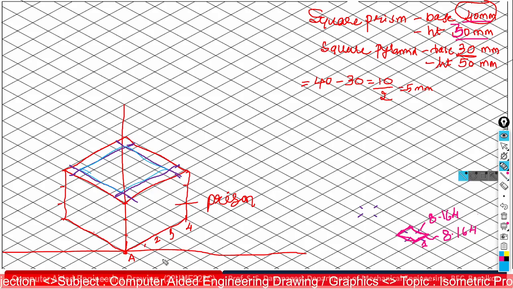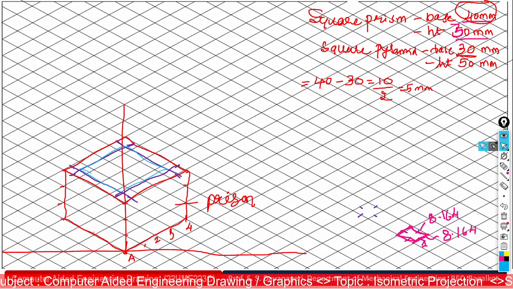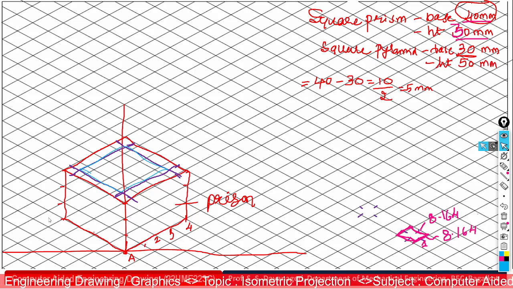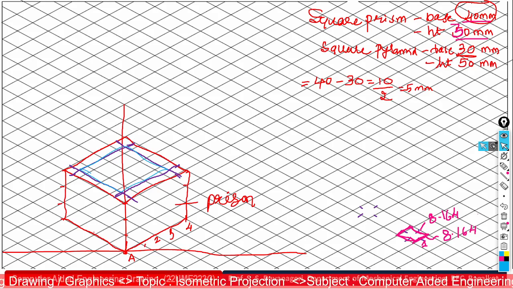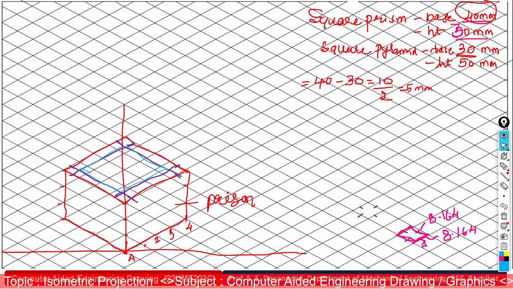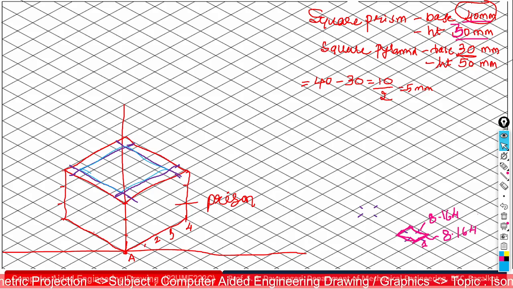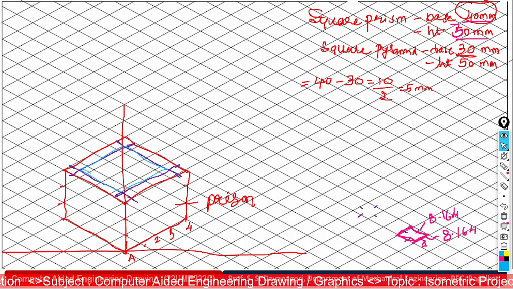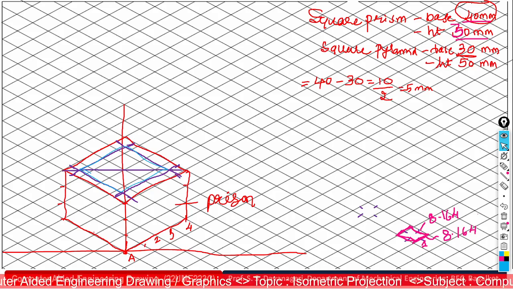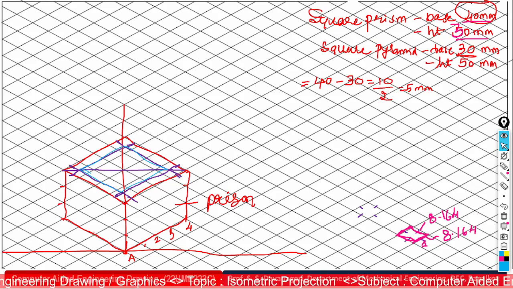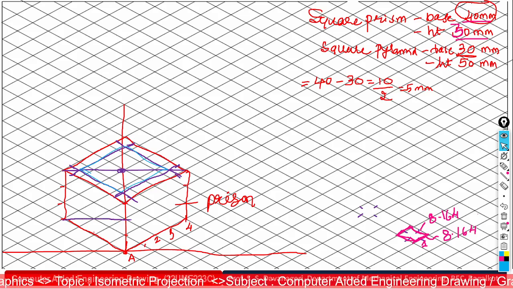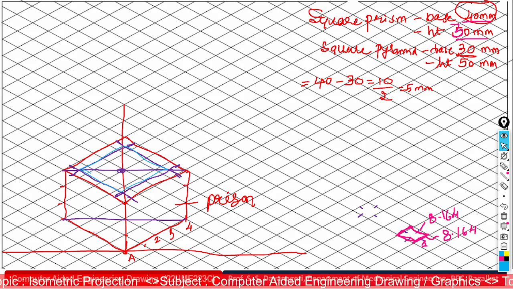Now you identify the center point for both prism and pyramid. So you construct a very thin line here. So you get a midpoint here. Similarly, you need to find out the midpoint initially here also.